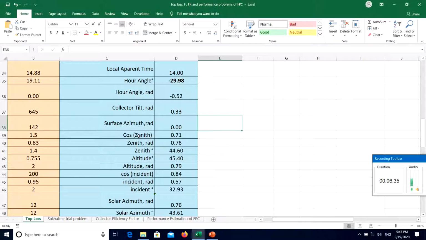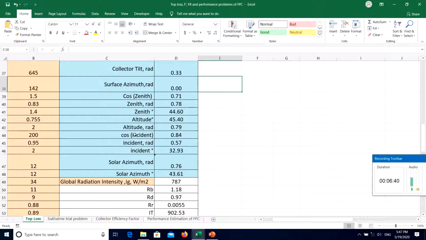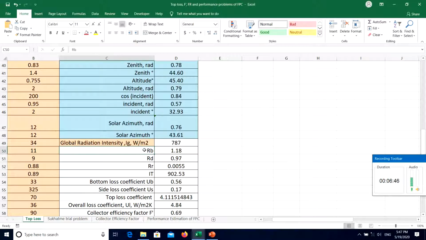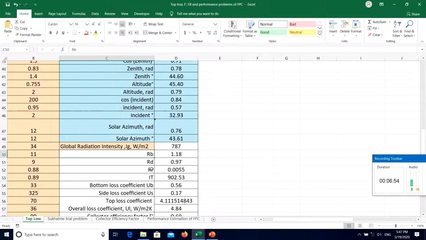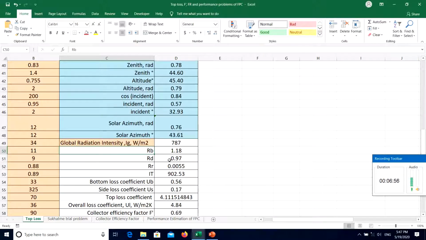So cos theta z, then cos theta we can find out. So by knowing cos theta z and cos theta, we can find out RB. So RB is the ratio of cos theta by cos theta z. Then by knowing the tilt angle, so here collector tilt is known. So if the collector tilt is known, RD we can find out. Then RR also can be found out.